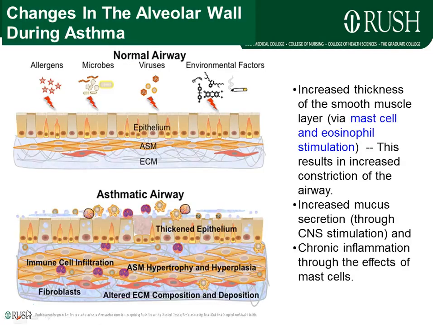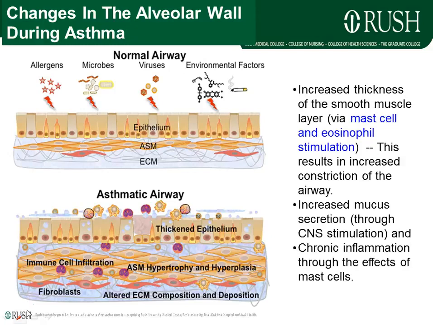So what happens to the airway wall during asthma? The normal airway has that pseudostratified ciliated columnar epithelium, and it has a little smooth muscle right underneath it. In an asthmatic airway, the entire wall becomes very thick, and that's partially due to hyperplasia of the smooth muscle that underlies the epithelial layer.